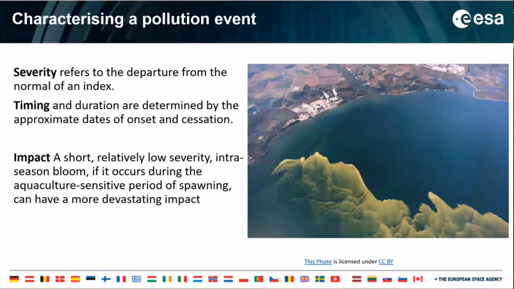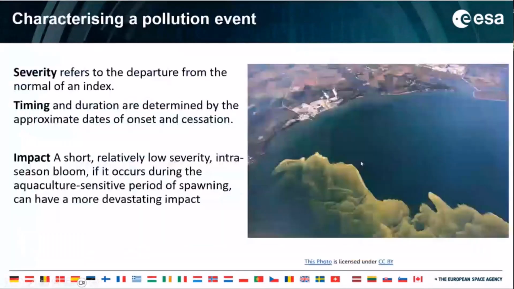So the impact is not really a linear relationship with severity. It is related to the severity, but also to the timing and to the location. So it's actually local or regionally limited or defined.